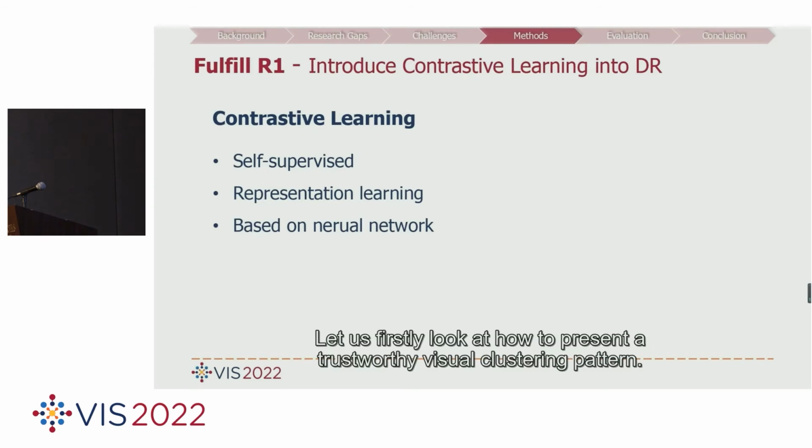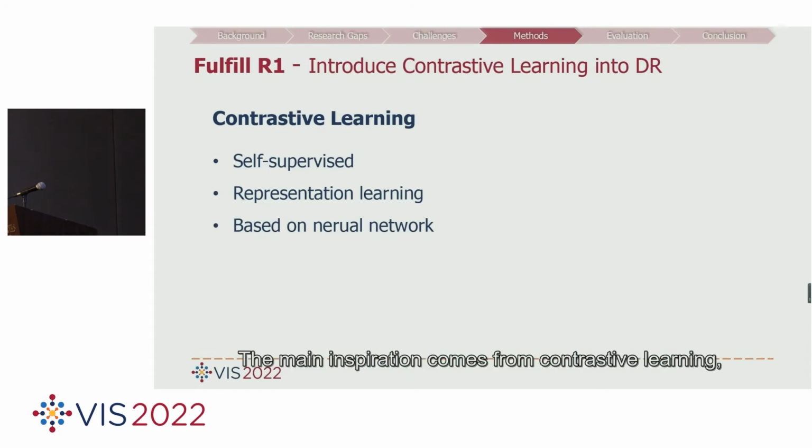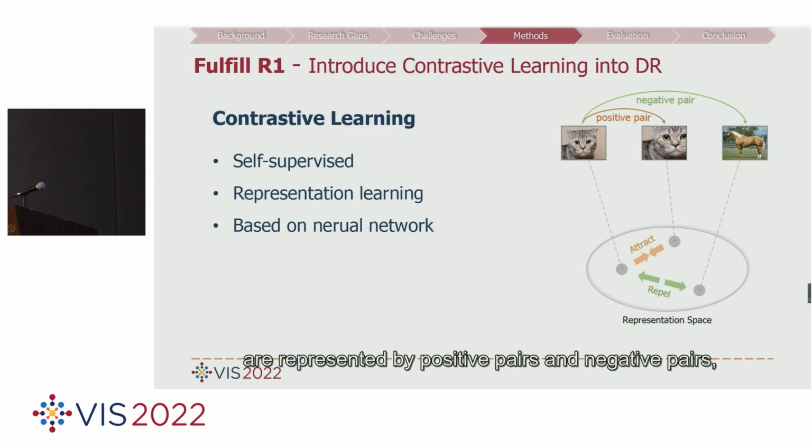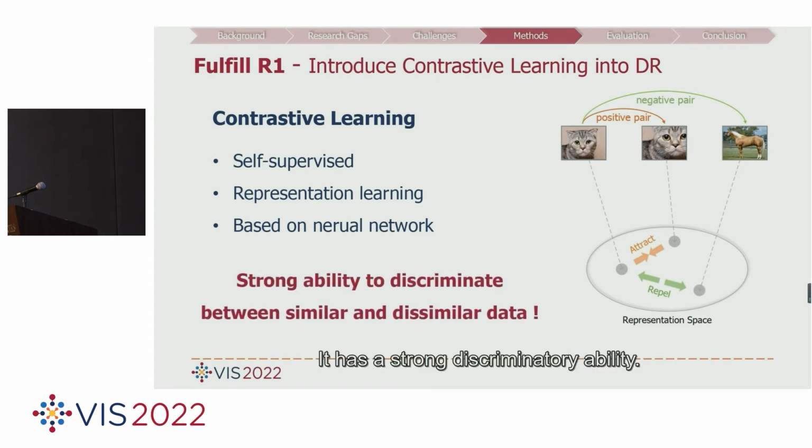Let's firstly look at how to present a trustworthy visual clustering pattern. The main inspiration comes from contrastive learning, which is a self-supervised representation learning method. It pulls similar instances together and pushes dissimilar instances away to learn effective embeddings. The similar and dissimilar relationships are represented by positive pairs and negative pairs respectively. It has a strong discriminatory ability.